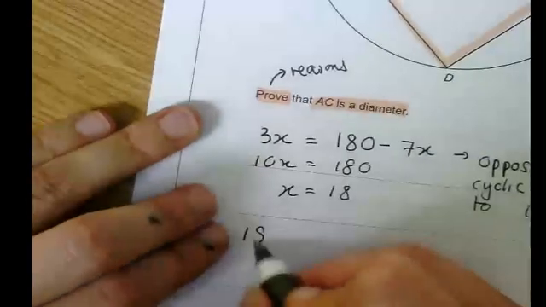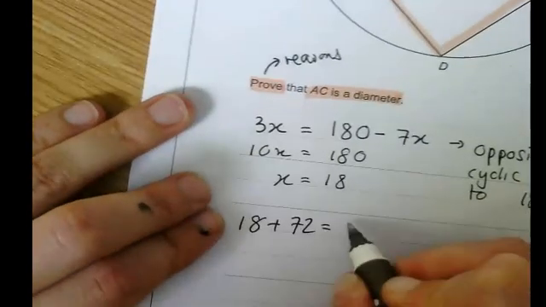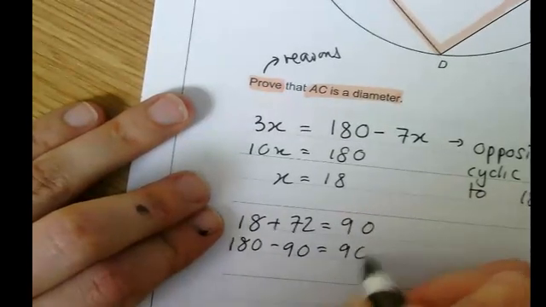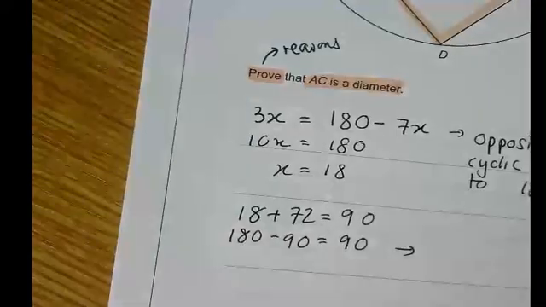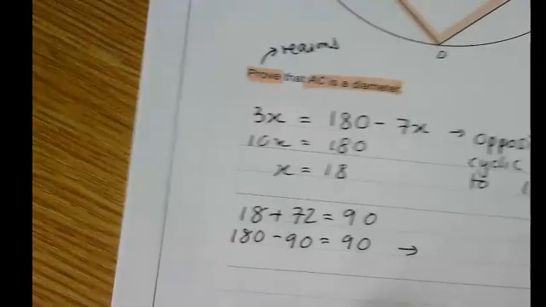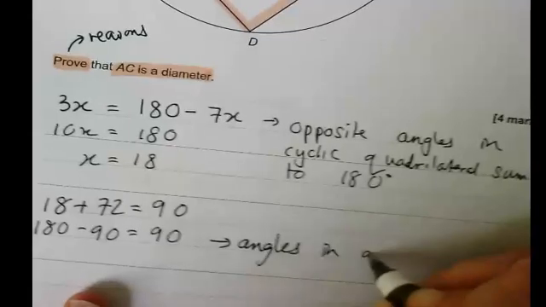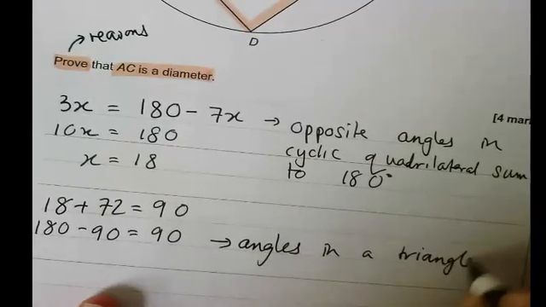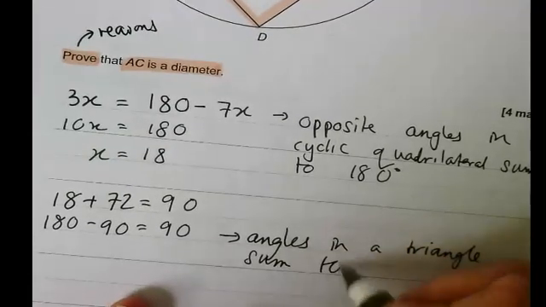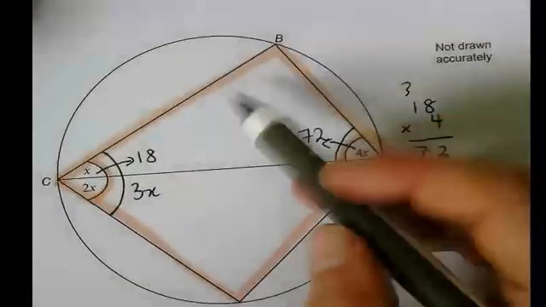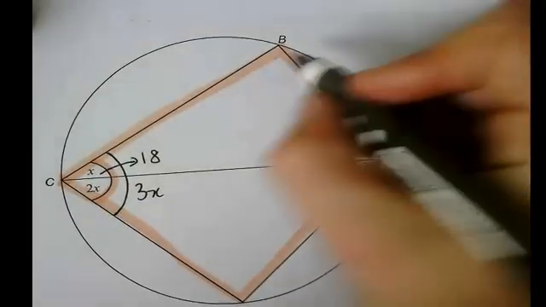So 18 plus 72 is equal to 90. 180 subtract 90 is equal to 90. The reason that I did 180 subtract 90 is because I knew angles in a triangle sum to 180 degrees. And I've therefore shown that angle CBA is 90 degrees.